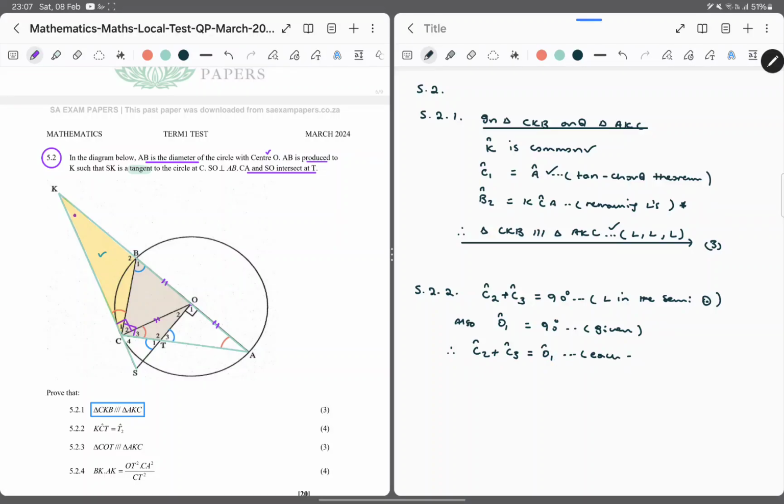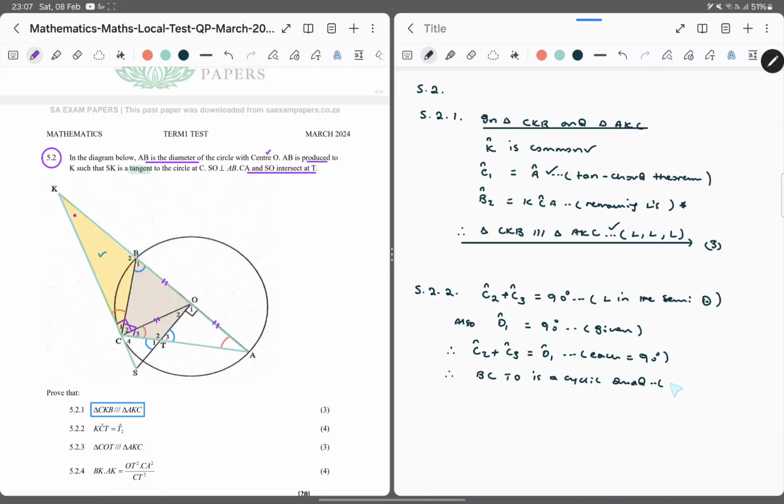Each is 90 degrees. That's why. Even if you didn't write the reason, it's a very soft reason. So what can we conclude? We can conclude that basically BCTO is a cyclic quad.